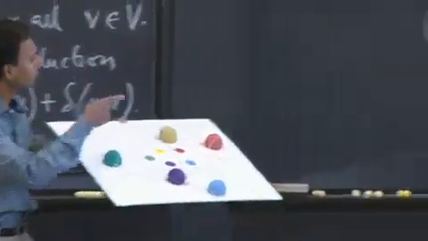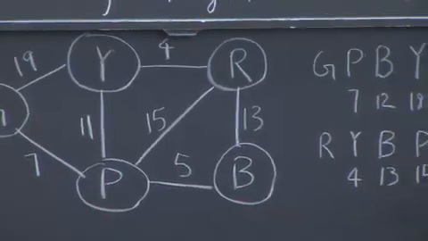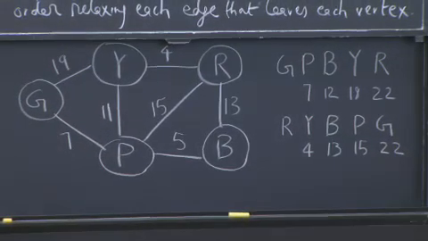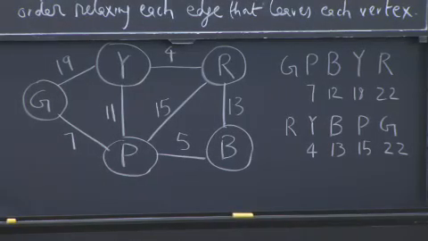So first, make sure you buy those values that I have there. If the green ball is the starting vertex, then the shortest path to the purple vertex, P, is 7.